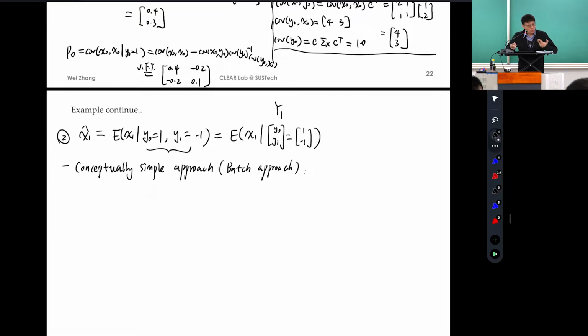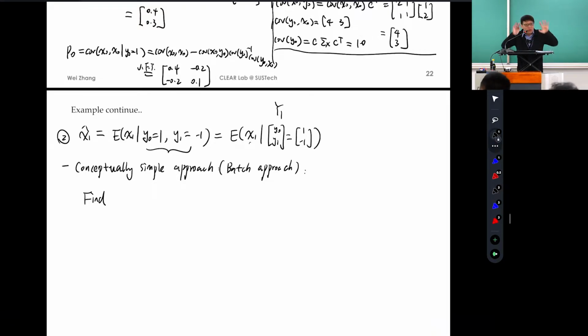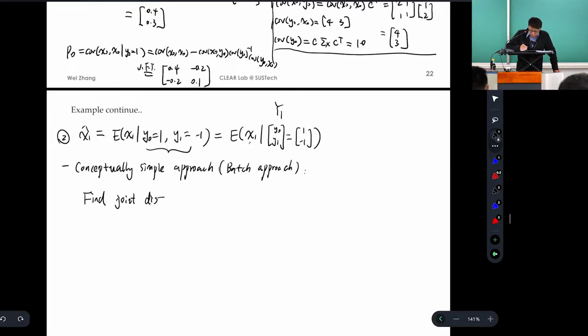This is one way to compute the best estimate of x1. How can we compute this conditional expectation? Because x1 and capital Y1 are jointly Gaussian, by our assumption, since everything is jointly Gaussian in the Kalman filter setup. So we find the joint distribution first.